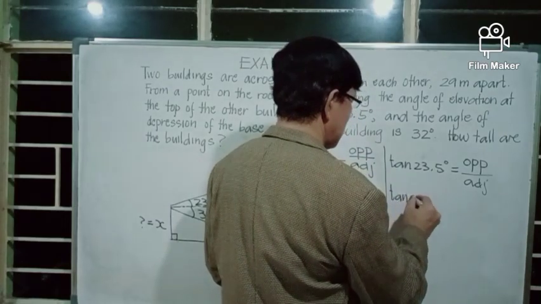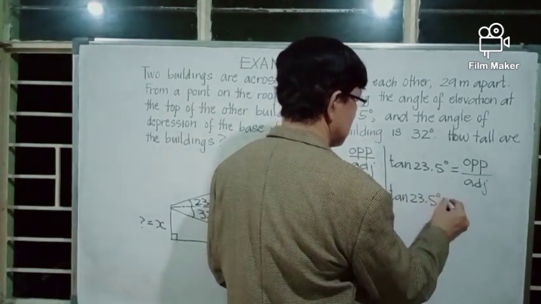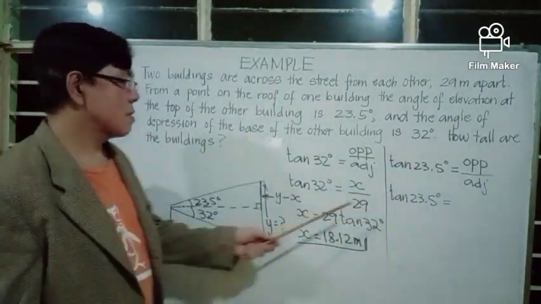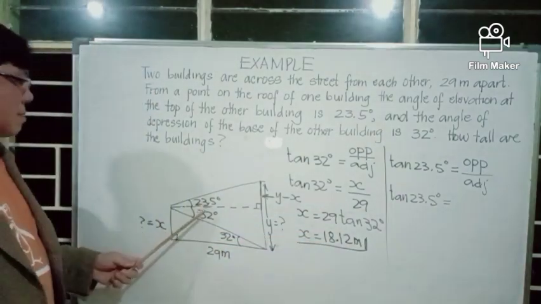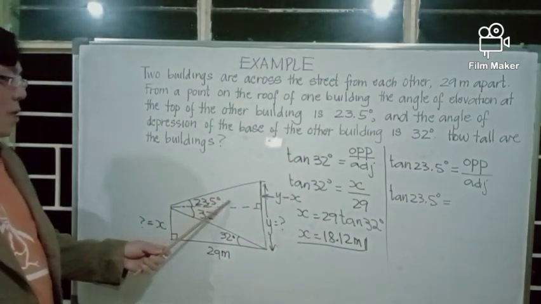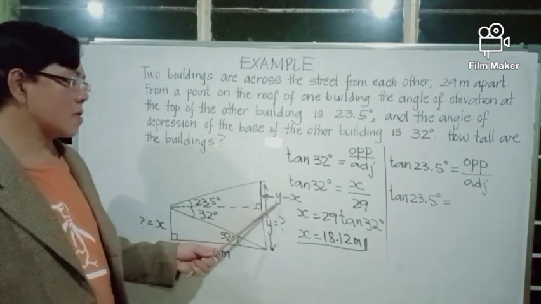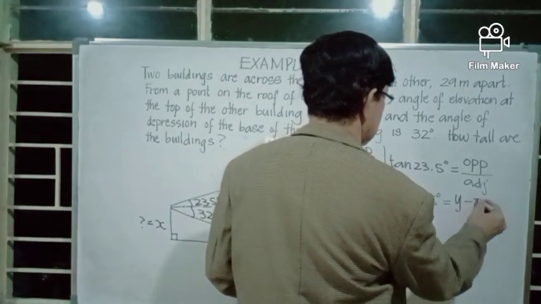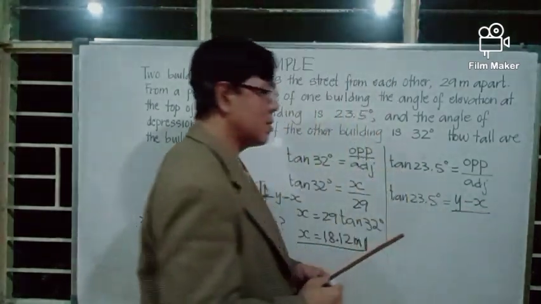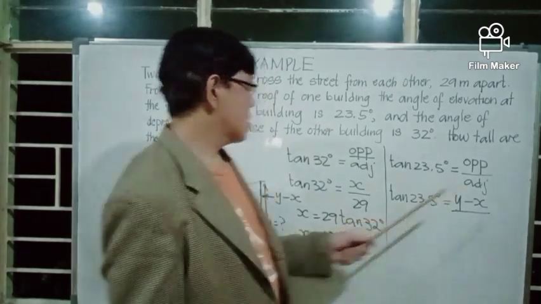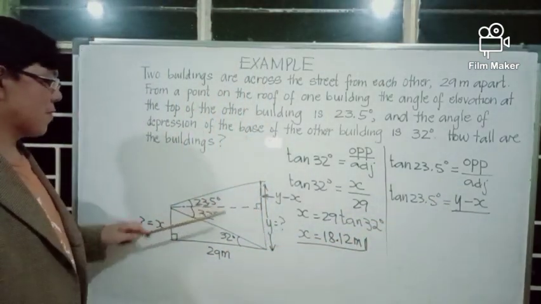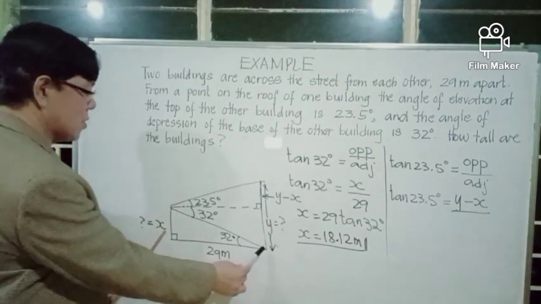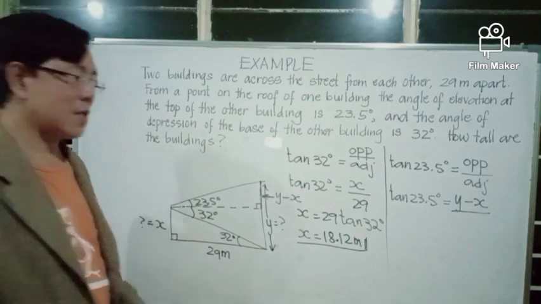Or tangent of 23.5 degrees equals the side opposite 23.5 degrees. This is 23.5 degrees. The side opposite is y minus x. And the side adjacent to 23.5 is this side, which is equal to 29 meters.